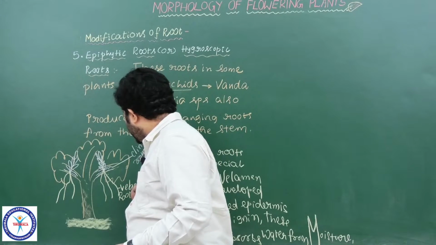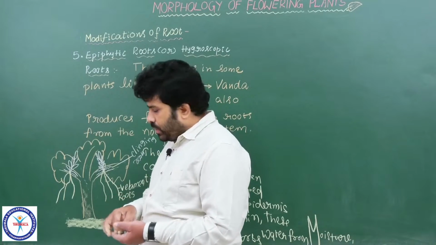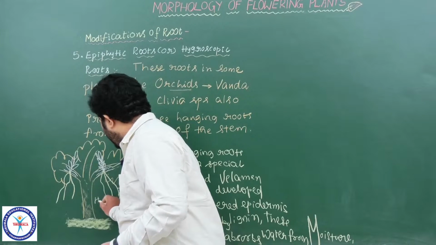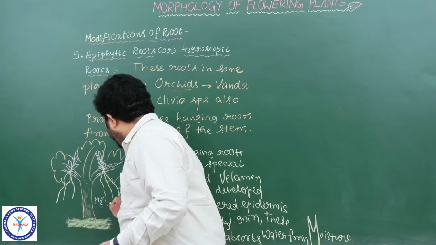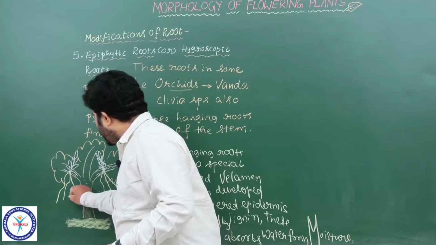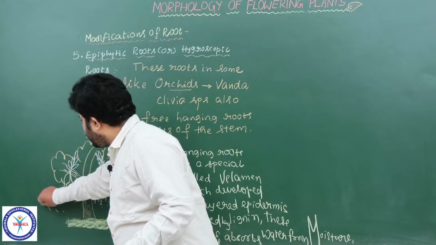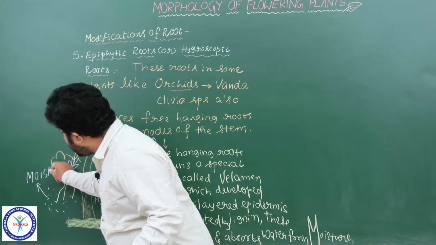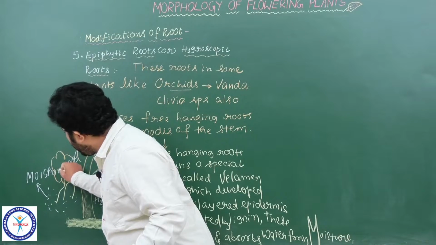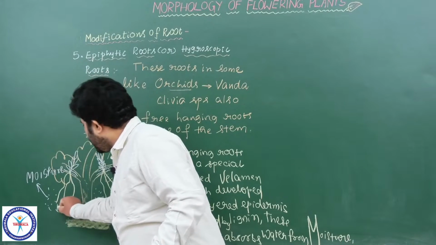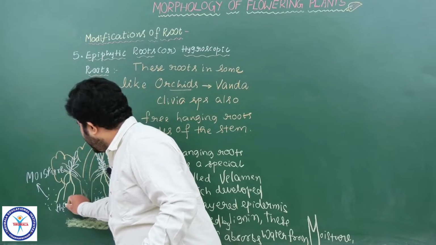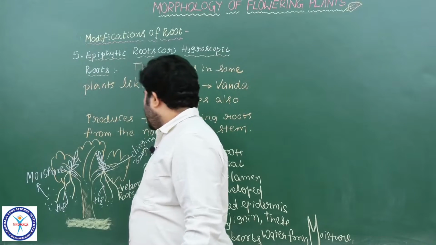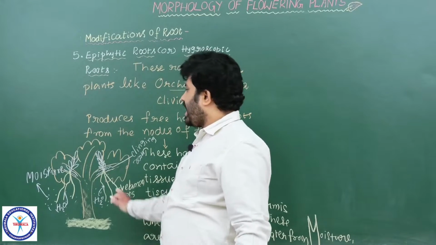Note down, students, velamen roots are able to absorb water in the form of water droplets which are present in the moisture. Suppose this is the moisture present in the environment. The water droplets present in the moisture are taken by these special roots called velamen roots or hygroscopic roots.